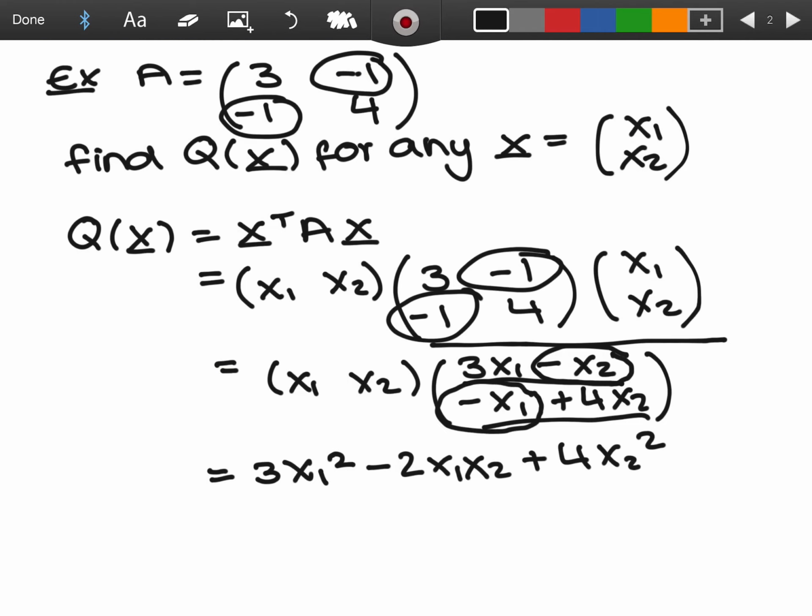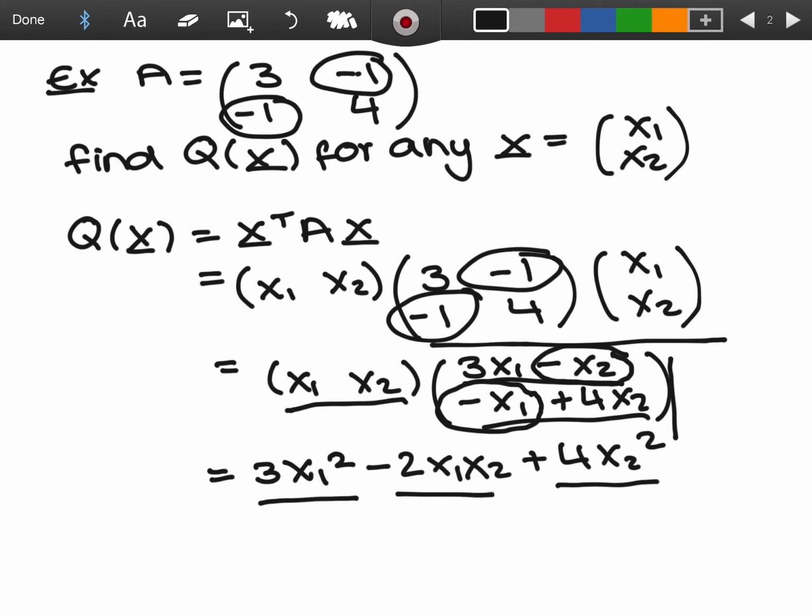Both of those wouldn't be there. So then when I multiplied this row vector times this column vector, I would have just ended up with 3x1 squared plus 4x2 squared, okay? I wouldn't have had this mixed term here with x1s and x2s, or if you've got more elements, x3s, okay? I wouldn't have any term that was made up of different xi's, okay? I would have just had these squared terms.